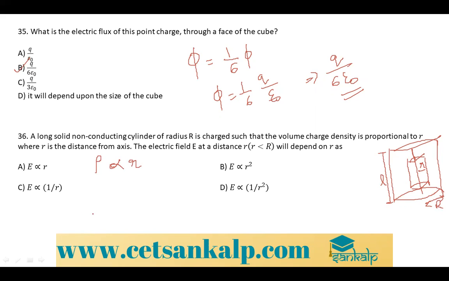So I can say Q is equal to rho into V. What is your Q? According to this, Q is equal to K into r, so it is K r V. The volume I can say is K r into 2 pi r into dr into L. So according to the cylinder, 2 pi r.